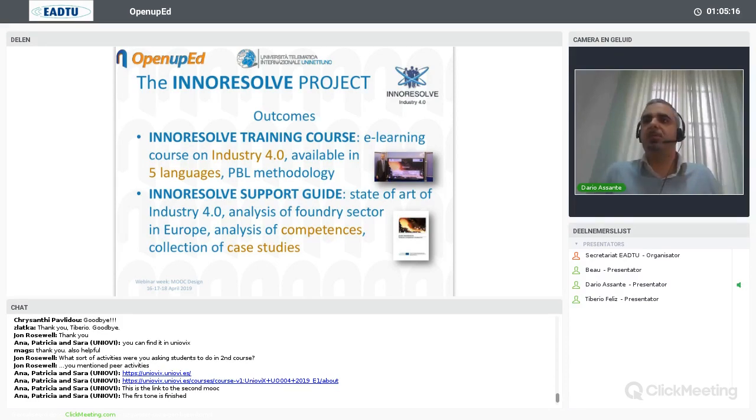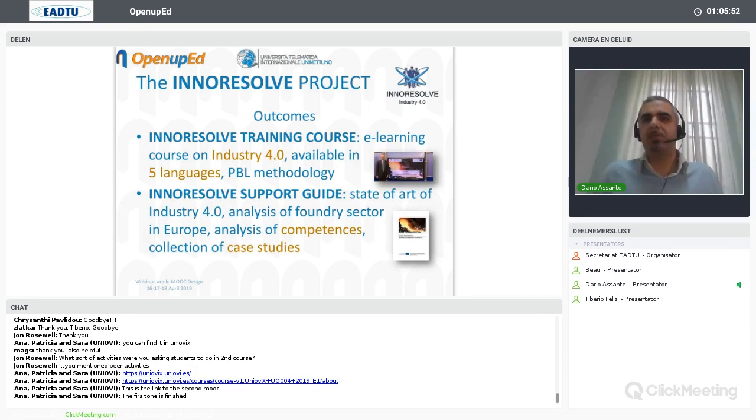So it's not just focused on technologies, but it's also focused on human resources: what are the competencies and skills that companies should change in order to enter into Industry 4.0, to adopt the Industry 4.0 model. And in particular, the training course is also based on PBL methodology. PBL stands for Project-Based Learning, and I will say something about that later.